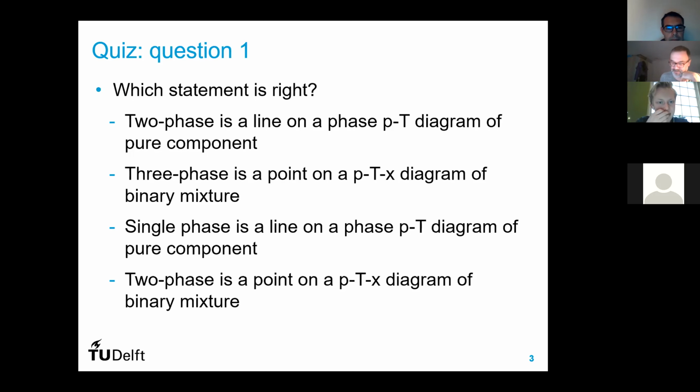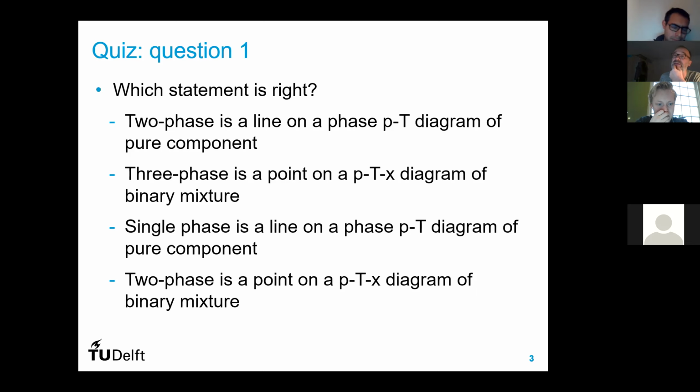That means 1 minus 2 plus 2. So that means you will have 3 degrees of freedom, right? No, sorry, 1 degree of freedom. And we already mentioned that 0 degrees of freedom is a point, and 1 degree of freedom is a line. So indeed, the first is correct.